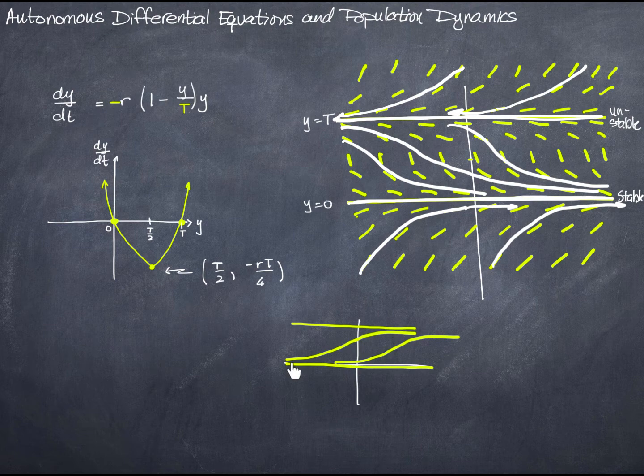Here what we've got is a very low number in the population, and they're put into an environment where there is sufficient food and other resources, and they grow, but eventually they're going to run out of food, or they're going to reproduce enough that they don't have enough resources to share amongst themselves, and so their population levels off.